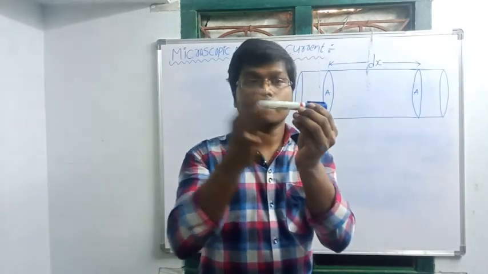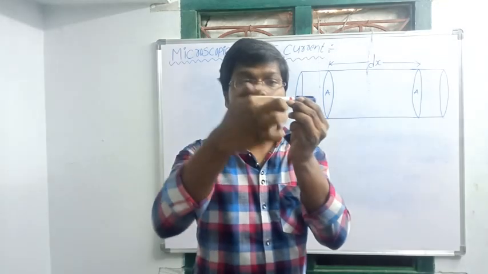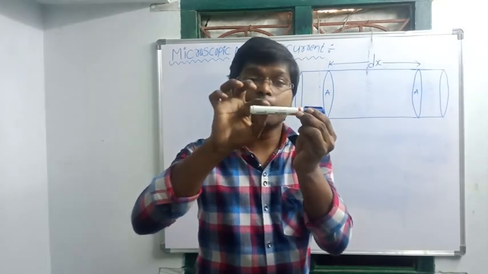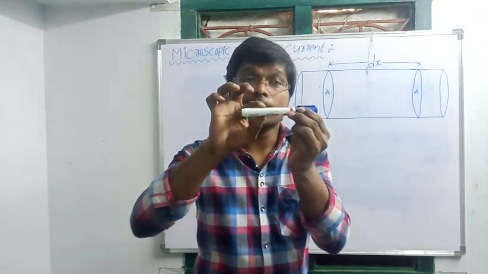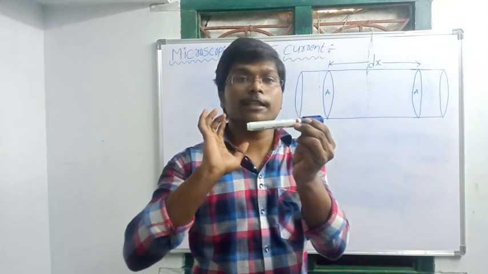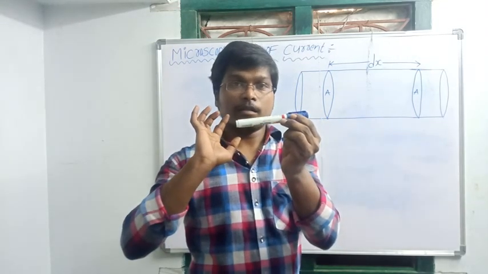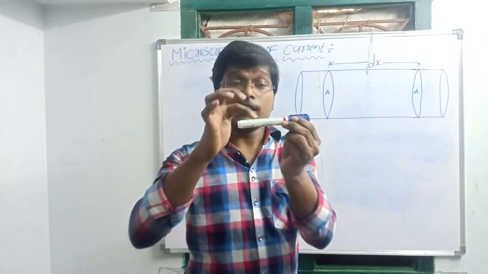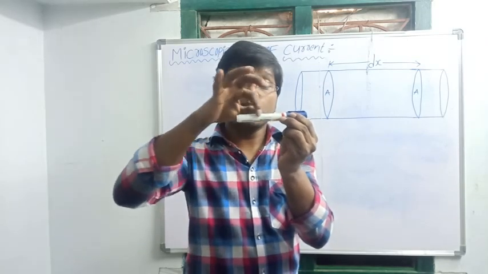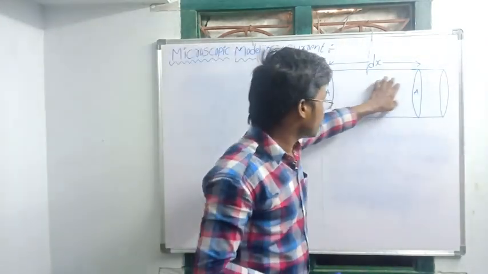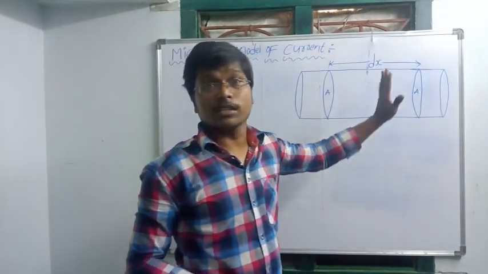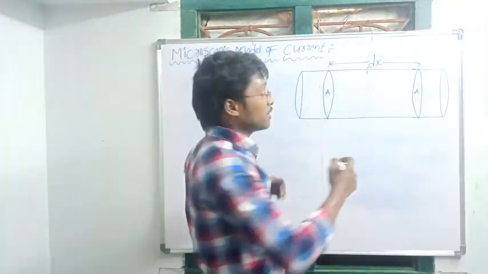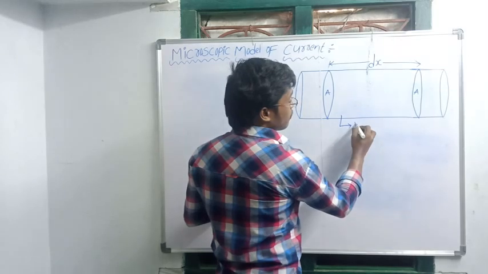This is the conductor. Here is one area of cross section, and here is another. This space is called the volume element. I hope you understood. The space between the two areas of cross section is called the volume element.